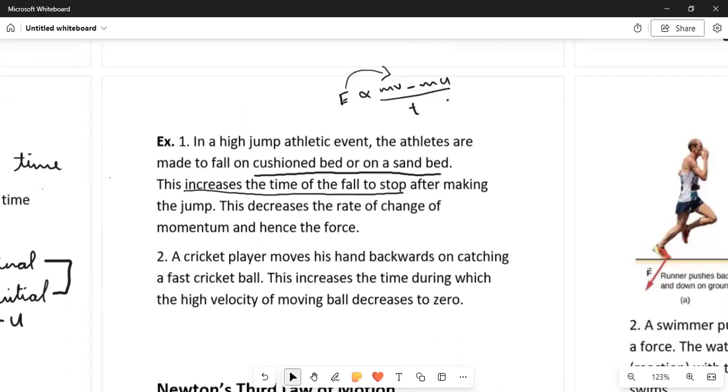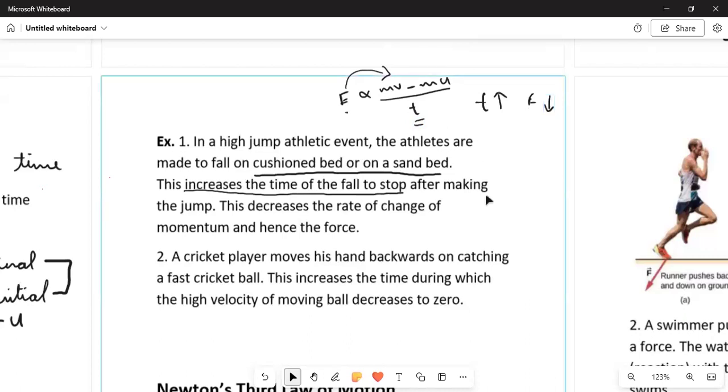See, it is 1 upon t. It means that whenever there will be an increase in the time, there will be a decrease in the force. It means that if we increase the time of change of momentum, there will be a decrease in the value of force, or force will start decreasing.